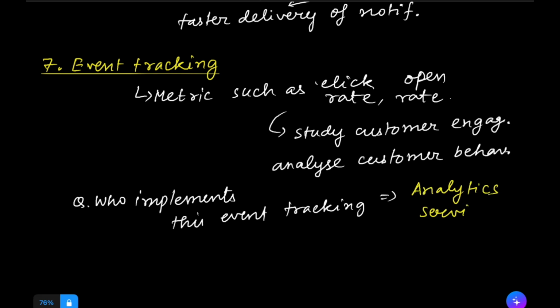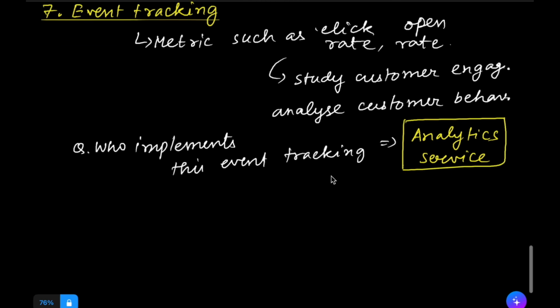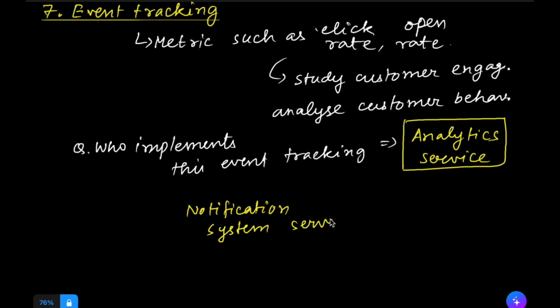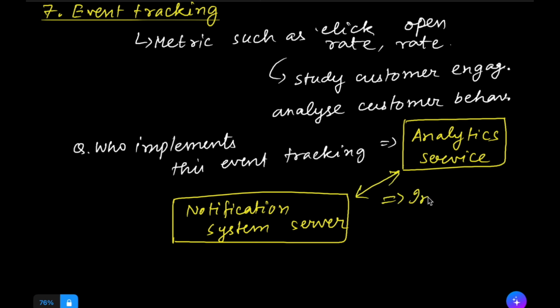So the analytics service implements this event tracking, and there has to be an integration between the notification system server and this analytics service, to check the analytics, basically for event tracking, to check the metrics.